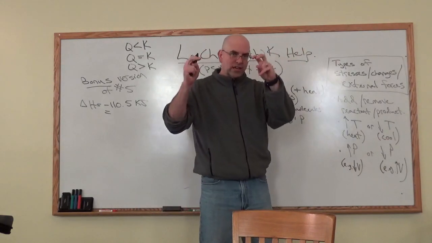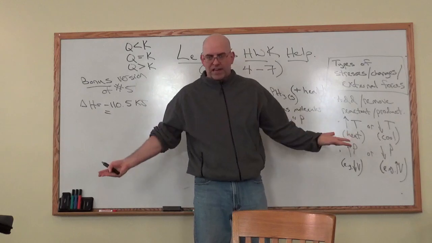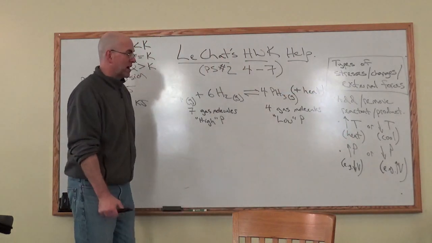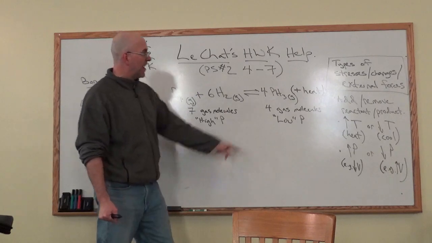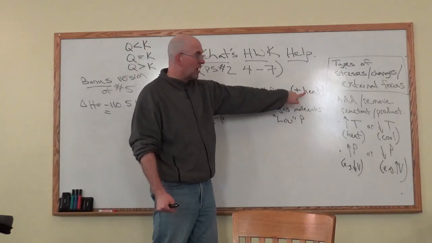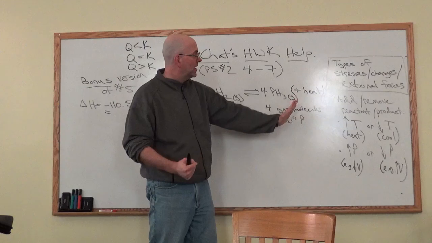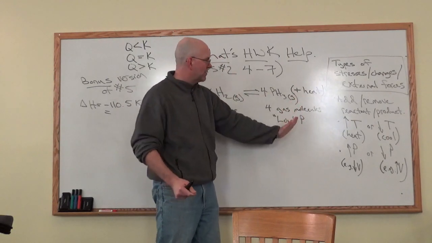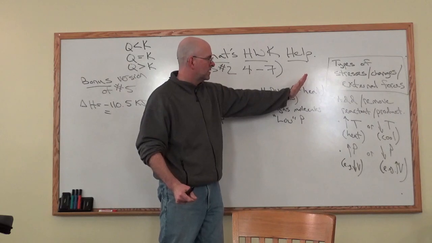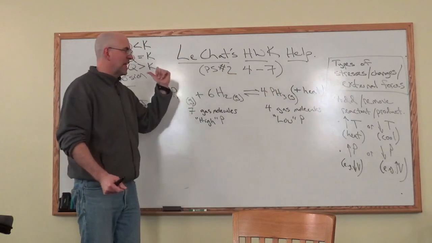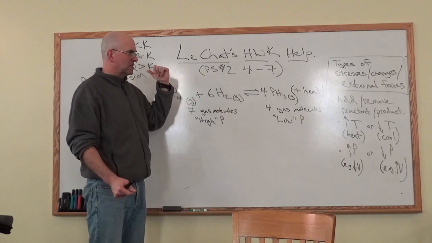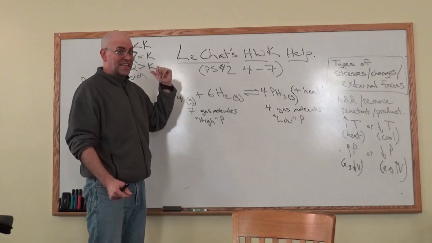Or cooling means to remove heat. So think about heat as a reactant or a product. So in this case, if I add heat, I raise the temperature. That means that I'm putting in a product. So I'm adding heat. Well, the reaction is going to shift to the left, because it's one that wants to get rid of that heat.